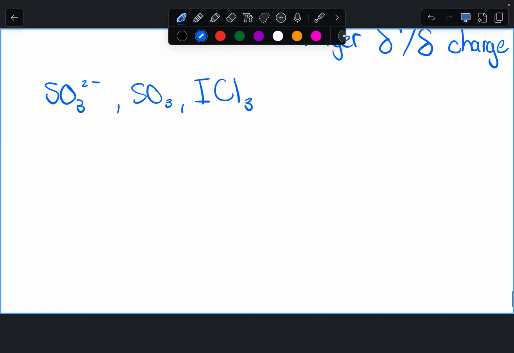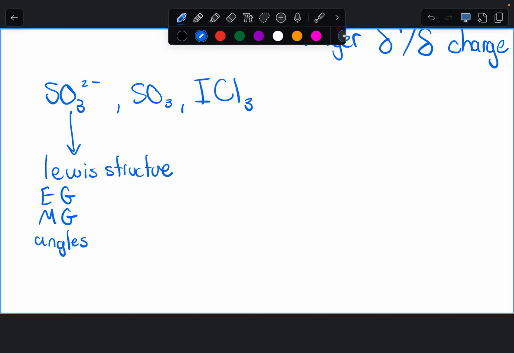Go ahead and start with SO3 2 minus, and I want you to draw the complete Lewis structure, and tell me all the stuff: electron geometry first, molecular geometry, angles, is it polar or nonpolar, hybridization of the central atom.